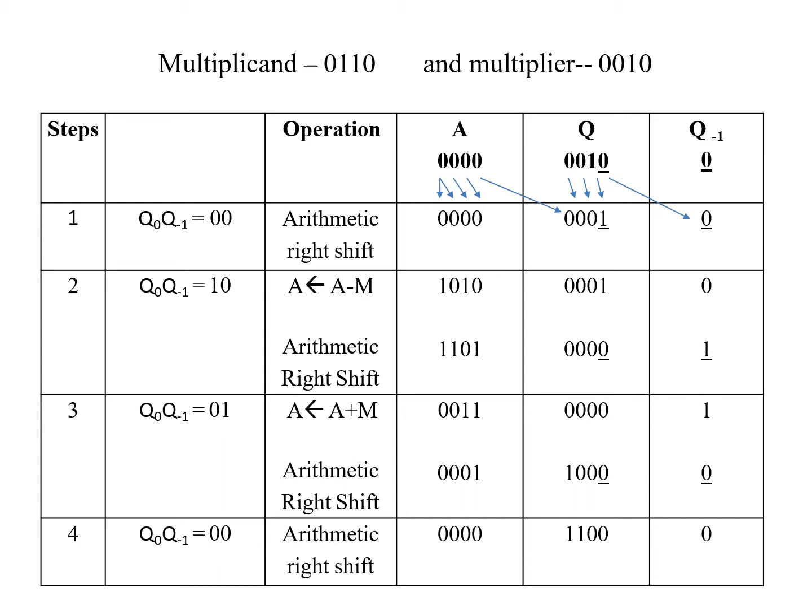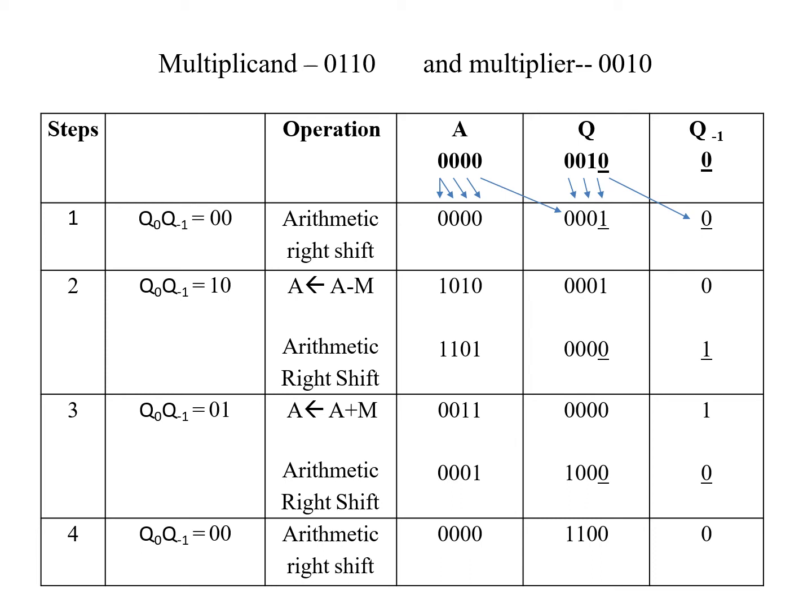Now beginning with the third step, we check the combined status of Q0 and Q minus 1 from the end of the second step, which is 0, 1. That means the multiplicand must be added to A in order to update the A register. The multiplicand is 0110 and the A register contains 1101.